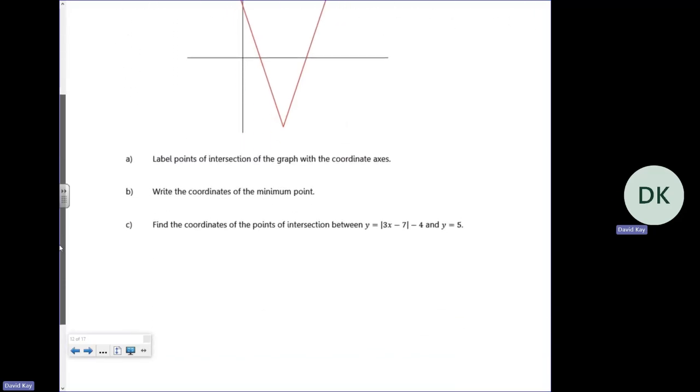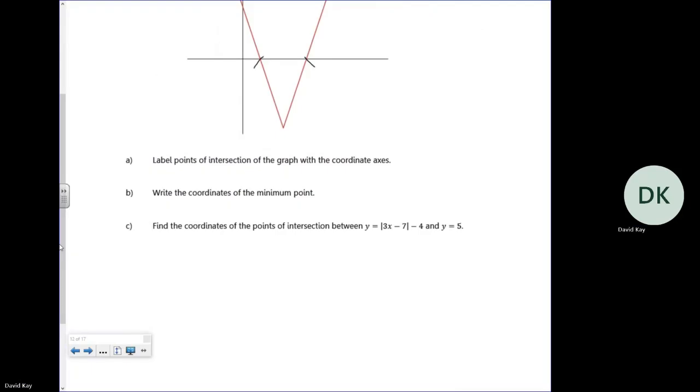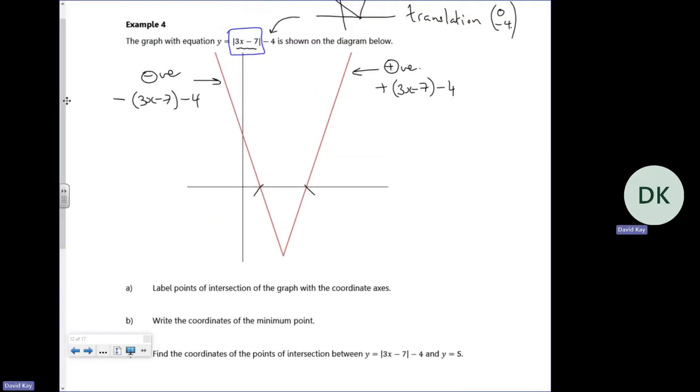Right, so let's have a look. It says, label the points of intersection on the graph with the coordinate axes. Right, now we can just graph it. You can graph this on your calculator, find the roots, and it'll give you 11 over 3 and 1. Now we know that's when y is 0. For this part, 3x minus 11 is 0, so x is 11 over 3.